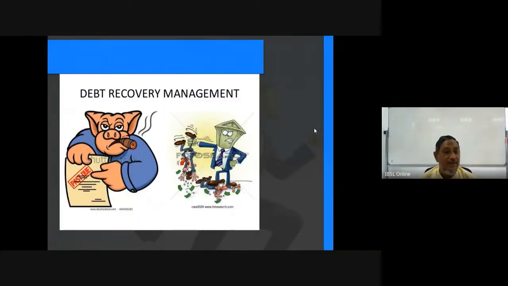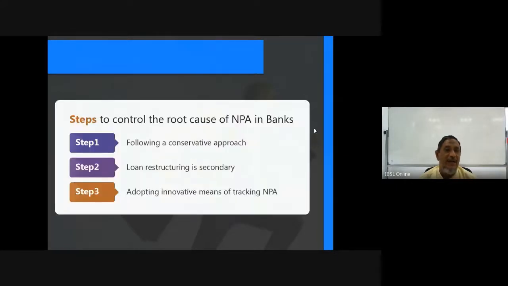Debt recovery management is not about shaking the customer's pocket and taking everything, pressing the customer for whatever is available. That is Shylock's focus. It is the duty of the bank or any financial institution to treat recovery management as a professional way of doing things.